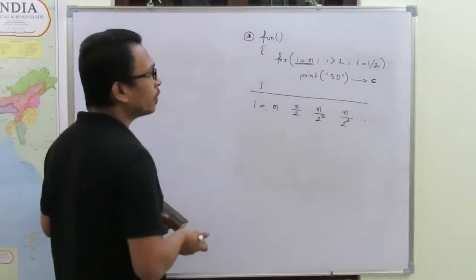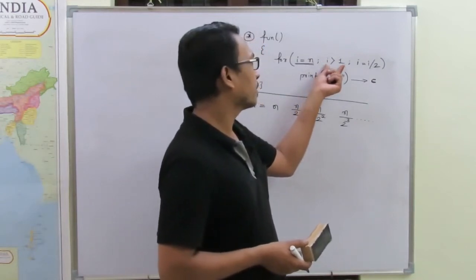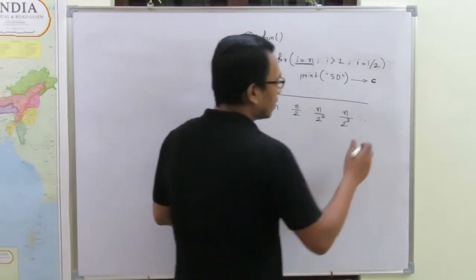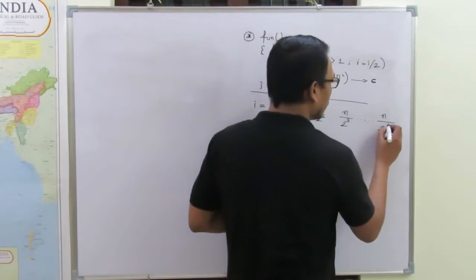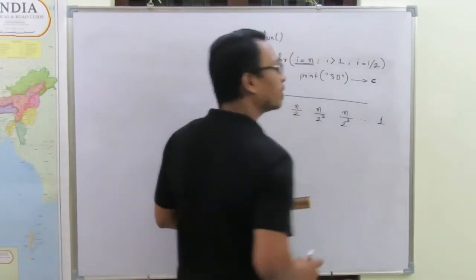How long it will continue? When the value of I becomes 1. That means n by something to some power, it will continue till 1. Clear?